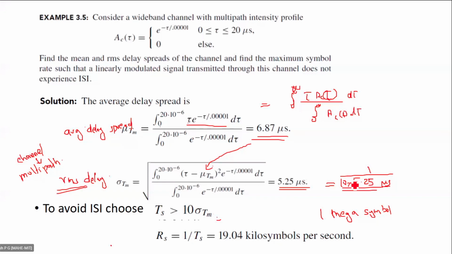If you are trying to read this portion, you can opt for Andrea Goldsmith, and if you feel the language is very difficult, you can go to Rappaport or the textbook by Aditya Jagannathan sir.